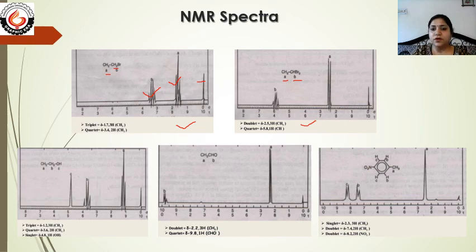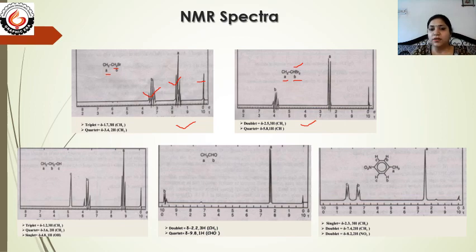Next is about the splitting. For A hydrogen, you can see a doublet, because there is only one hydrogen at the neighboring position, and for B a triplet. Here it is CH3. So obviously for this CH, you will find a quartet because the neighboring hydrogens are 3 in number.